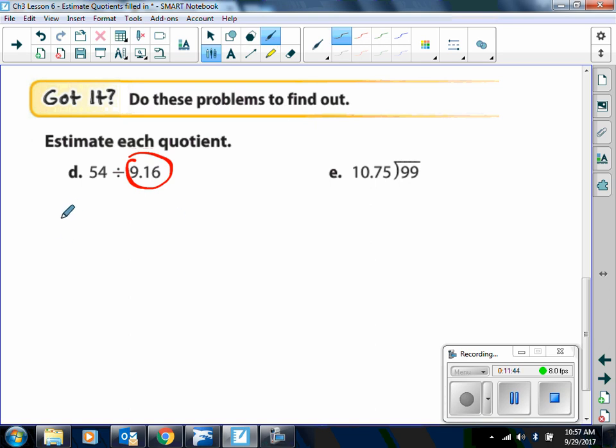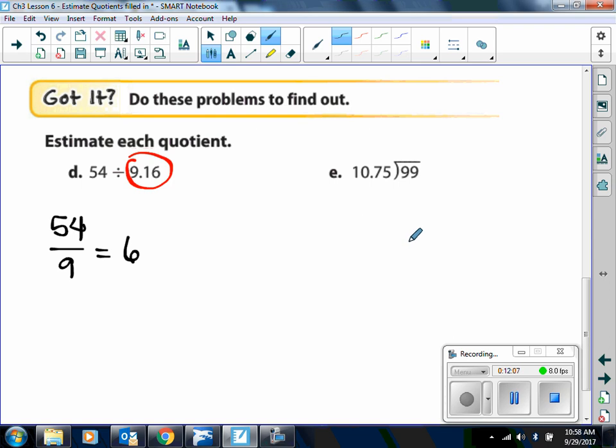So 54 divided by 9.6, we can round that to 9. So 54 divided by 9 is equal to 6. Got it? All right, how about example E?